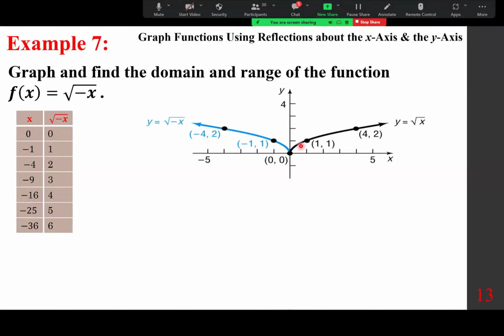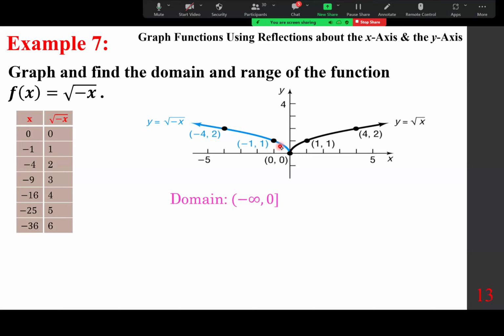And if you look at this function versus these pairs that we have come up with, the reflection is with respect to the y-axis. So the range is the same, 0 to infinity in both cases. Domain for this guy is from 0 to infinity, okay? But for this guy is from negative infinity to 0.